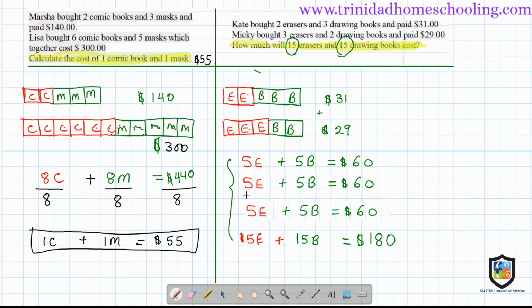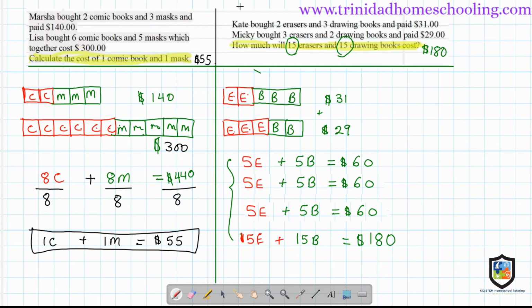So we have 3 sets of that 5 erasers and 5 books, which cost $60. You can either multiply this by 3 or add 3 sets. It will give you the cost for 15 erasers and 15 drawing books, $180.